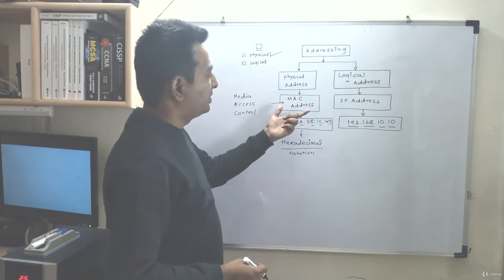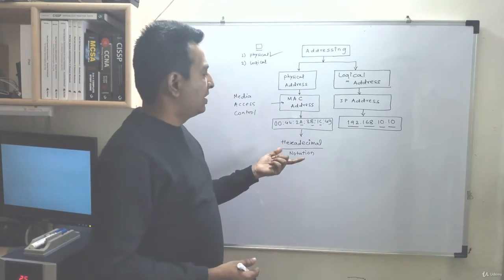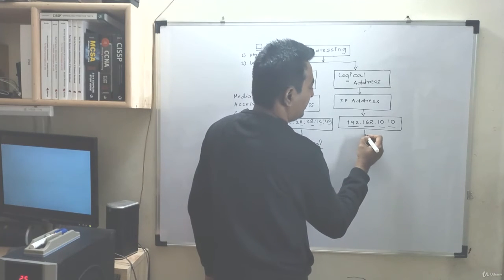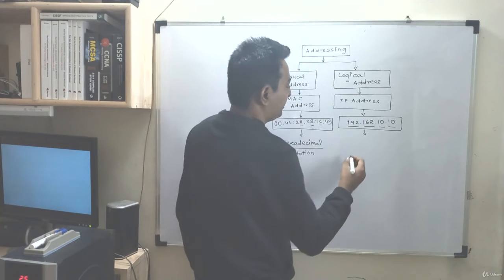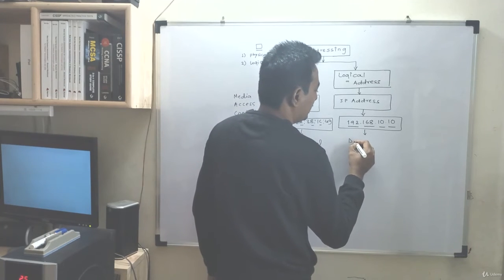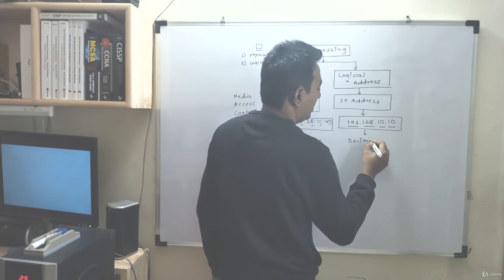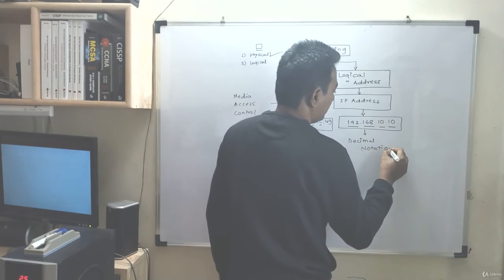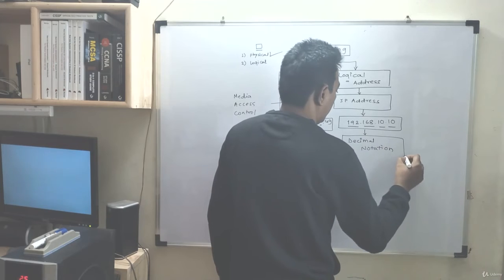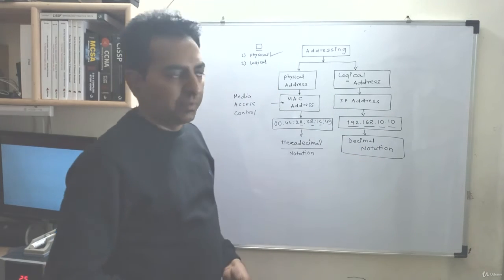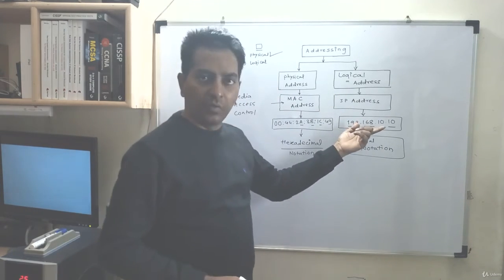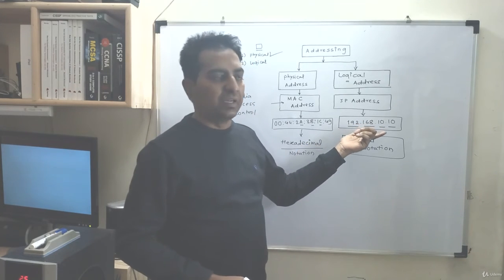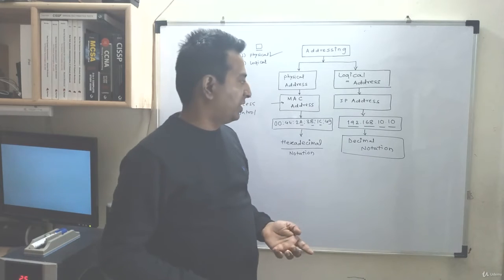If you want to specify a MAC address, you need to use hexadecimal notation. When we talk about IP addressing, we use decimal notation. There are no letters like A, B, C, D in this address.